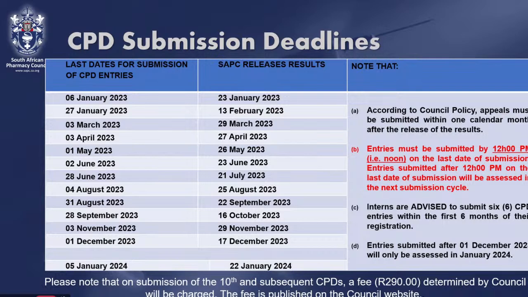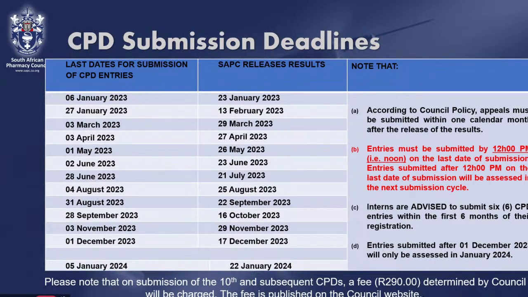Anything submitted after the given deadline means the results will fall into the next submission deadline. And then on the columns, the first one shows the submission dates, the second column shows the date on which the results will be released, and the last column is just for you to note that according to council policy, appeals must be submitted within 1 calendar month after the release of the results.